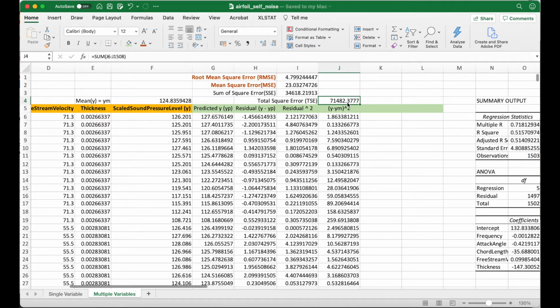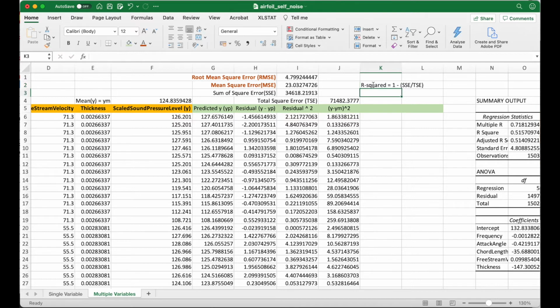Now from this figure of SSE and TSE, we can find a very important measure which is known as R squared. R squared is nothing but equal to 1 minus SSE divided by TSE.